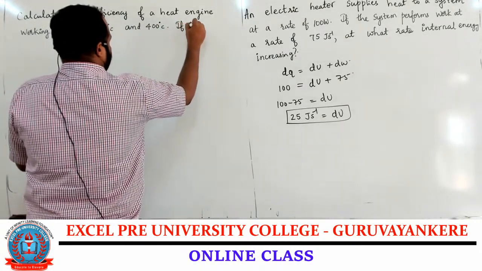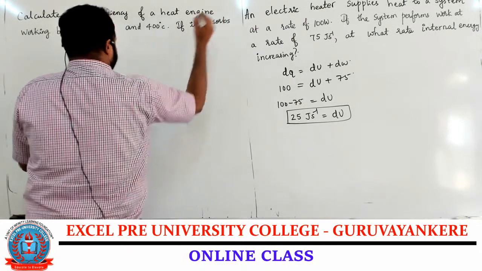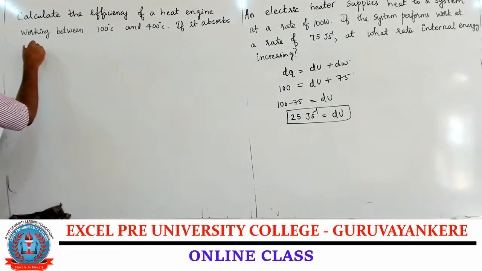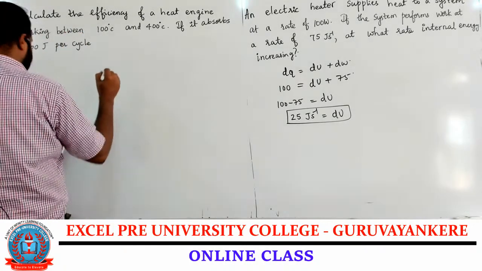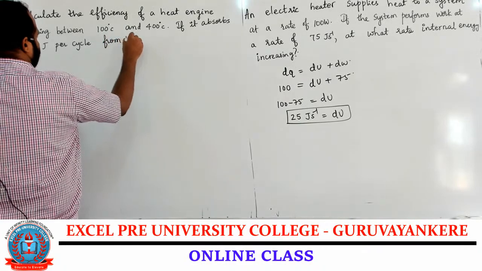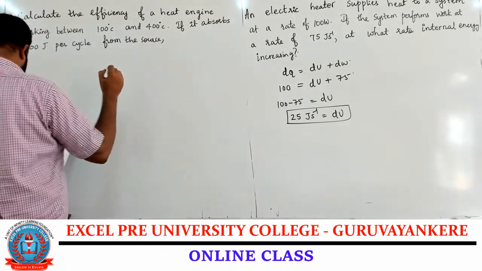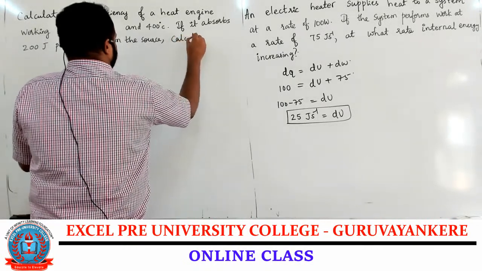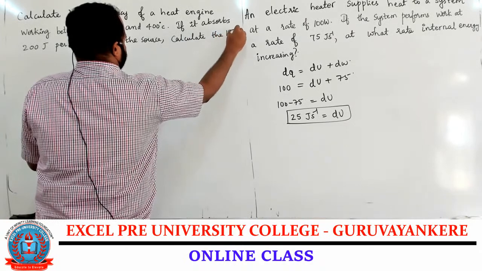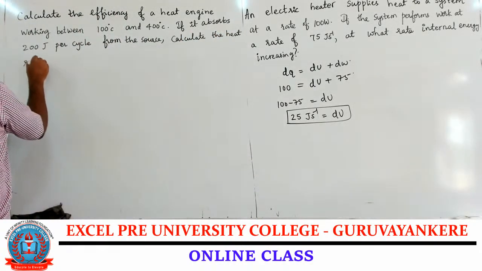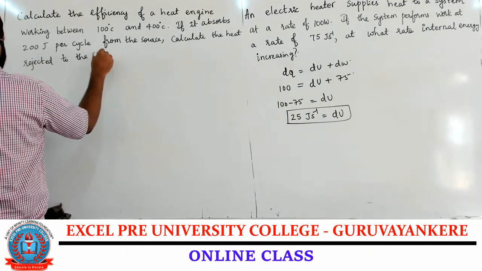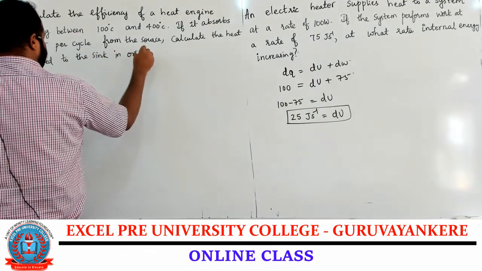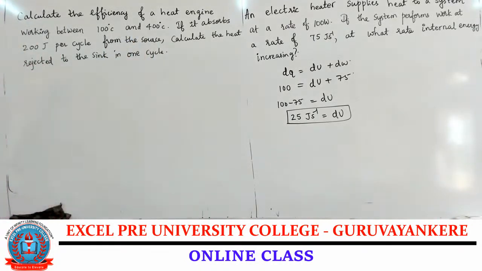If it absorbs 200 joule per cycle from the source, calculate the heat rejected to the sink in one cycle.